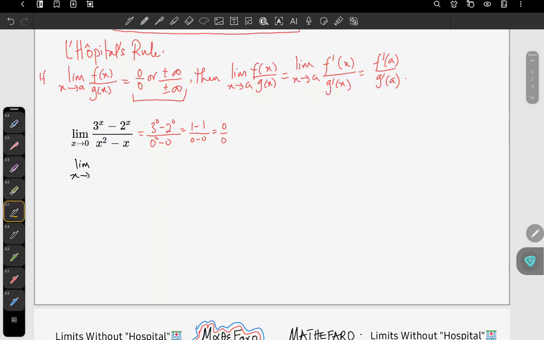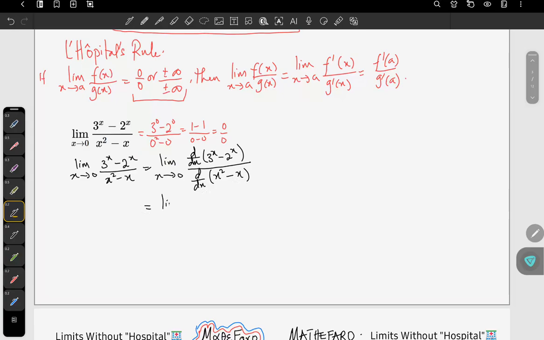That means the limit as x approaches 0 of 3 raised to power x minus 2 raised to power x over x squared minus x is equal to the limit as x approaches 0 of the derivative of 3 raised to power x minus 2 raised to power x over the derivative of x squared minus x.